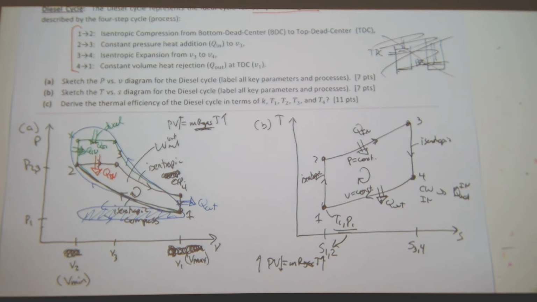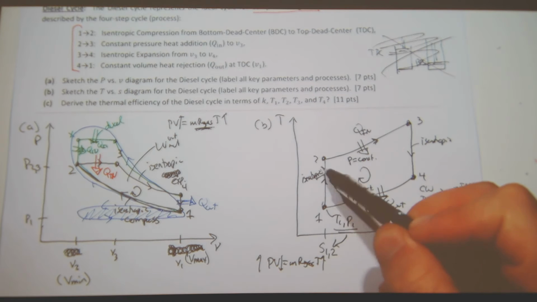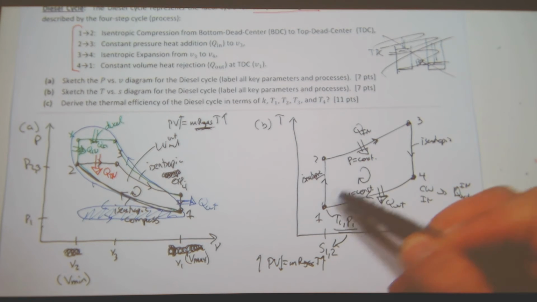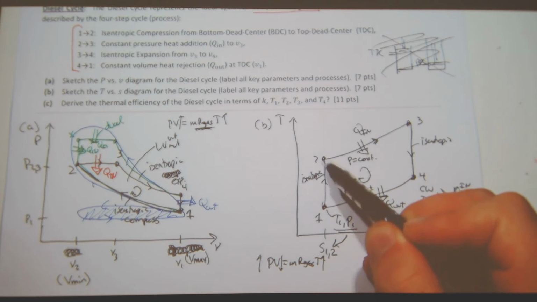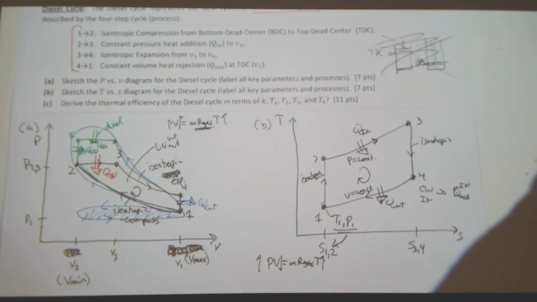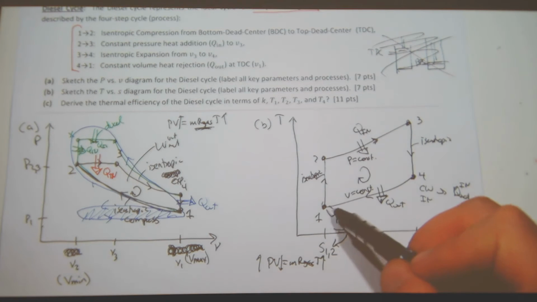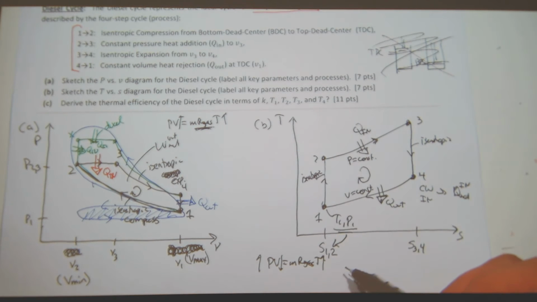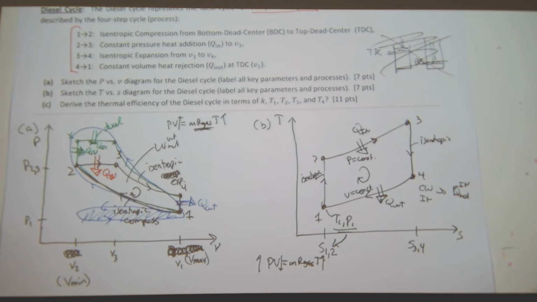If I isentropically expand something, I decrease its temperature. So there are expansion and compression valves in systems. If I have an isentropic expansion valve, then I'm going to decrease its temperature. If I have an isentropic compression, then I'm going to increase its temperature. You're just compressing things, making them hotter.